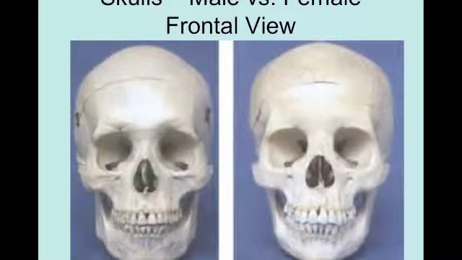Here I have a side-by-side male skull on the left, female skull on the right. I believe the most noticeable one is the chin. It's very square on the male one and kind of pointy and V-shaped on the female skull.